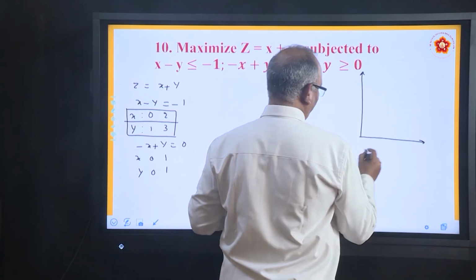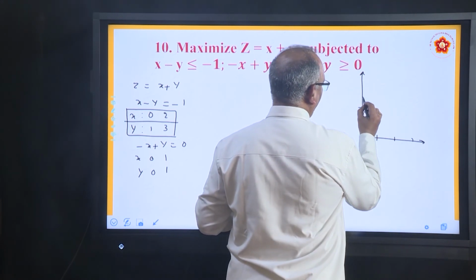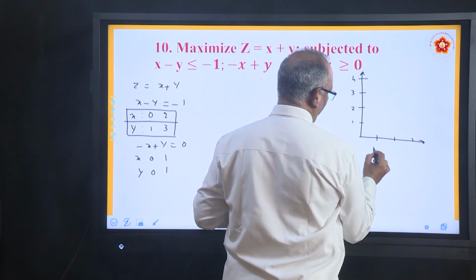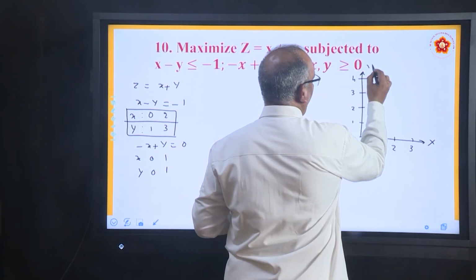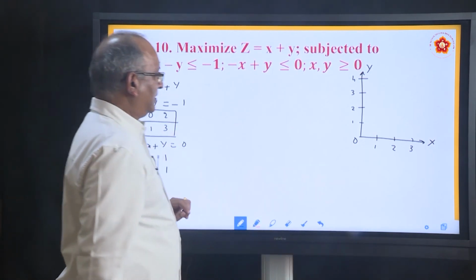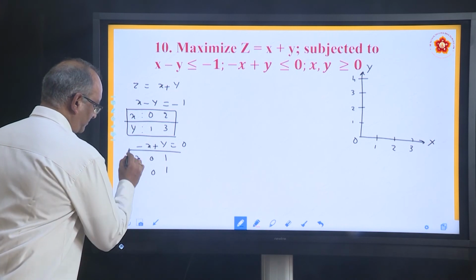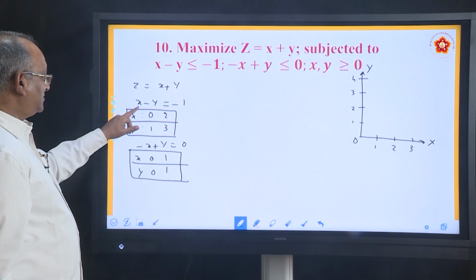The points are very simple. 1, 2, 3, 1, 2, 3, 4. What is the first one? 0, 1.